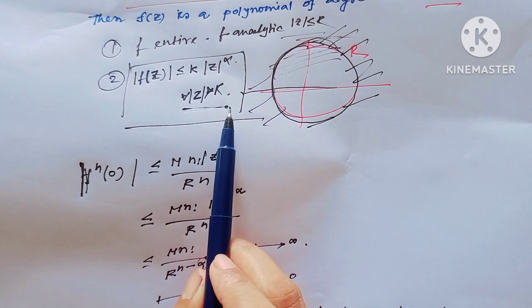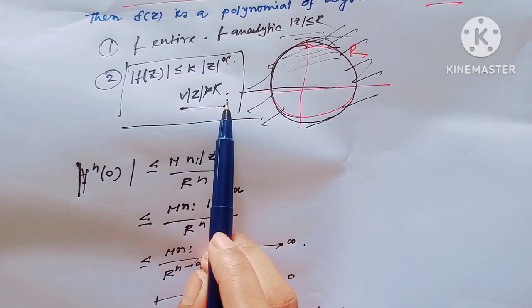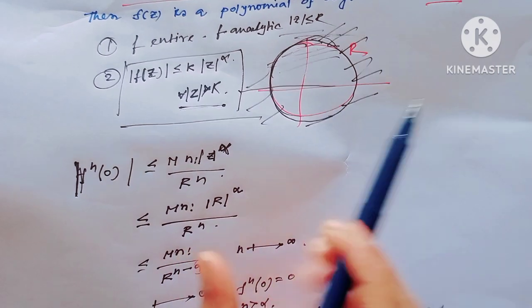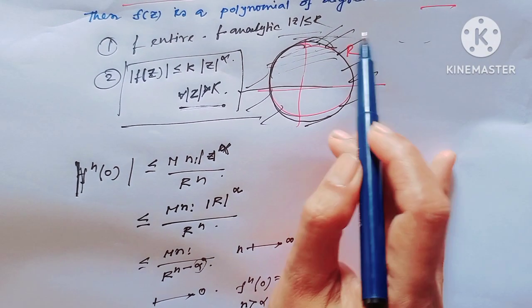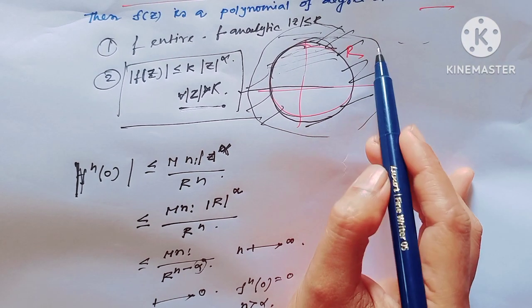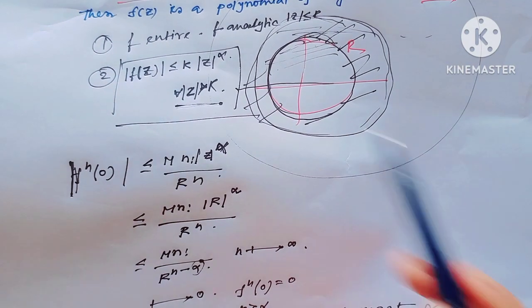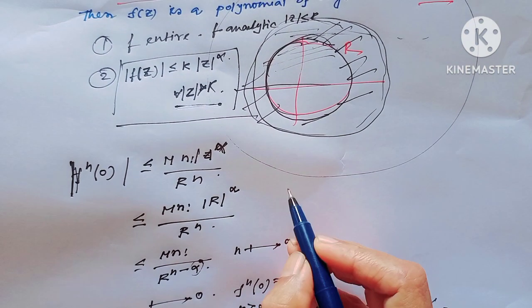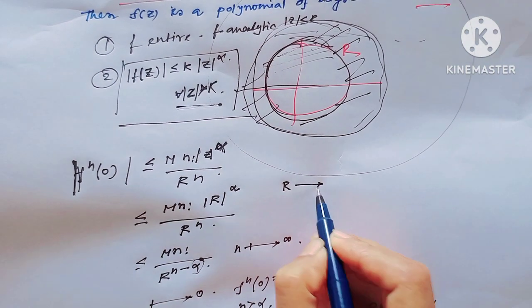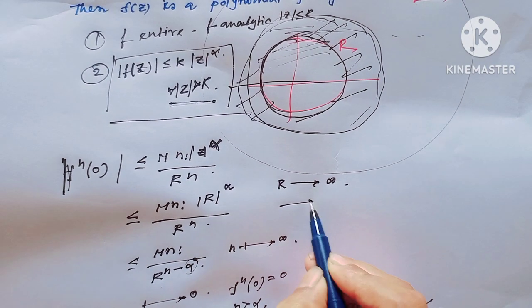Here one more thing is noticeable. This inequality is true for all z greater than r. If we increase the value, that means if r goes to infinity, then this value also goes to 0.